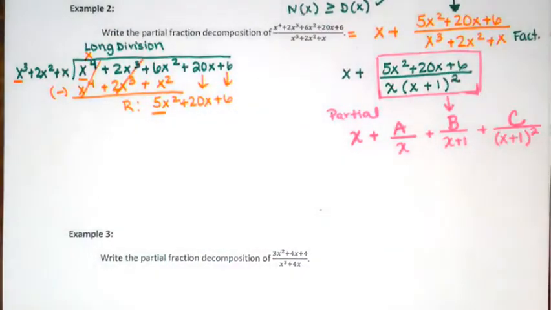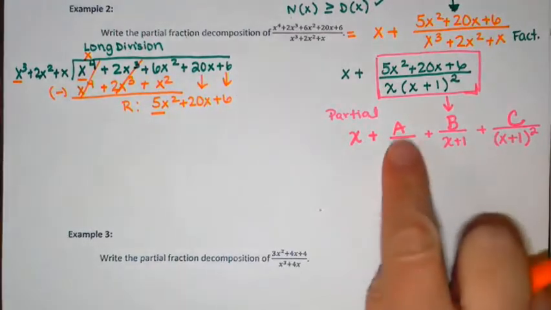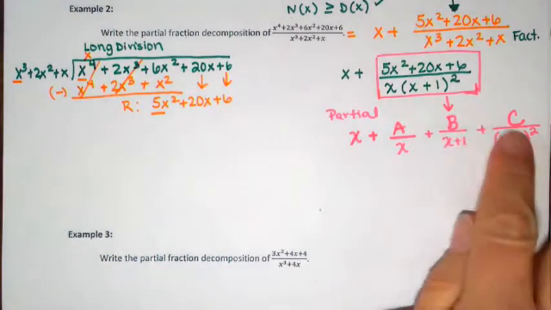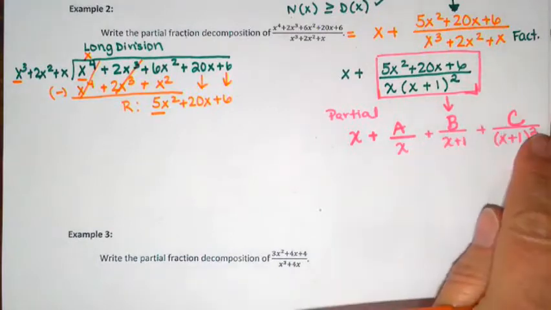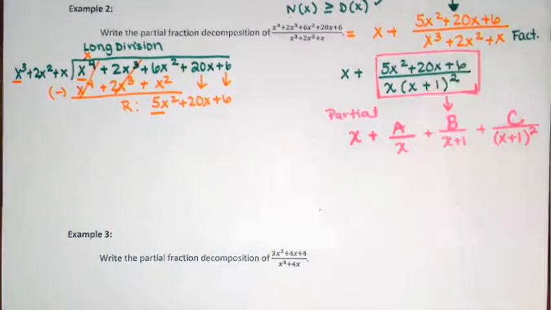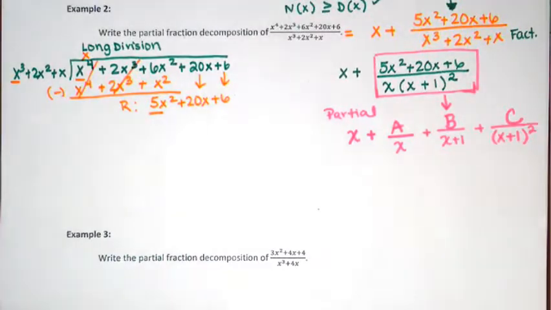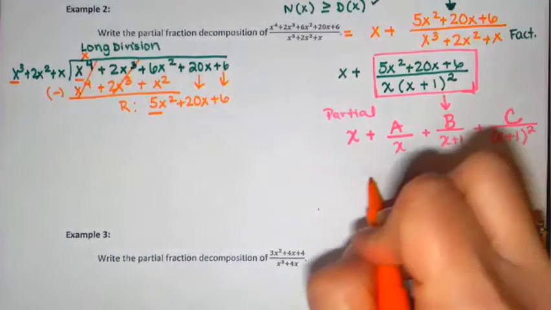So remember, how do we get that remaining part? We always take each one of these numerators, multiply it by its common denominator and set it equal to that numerator, because that's where we want to get to, right?